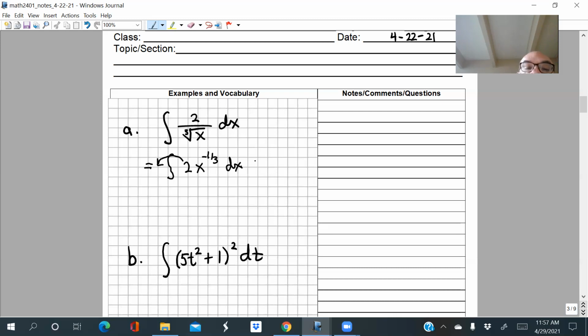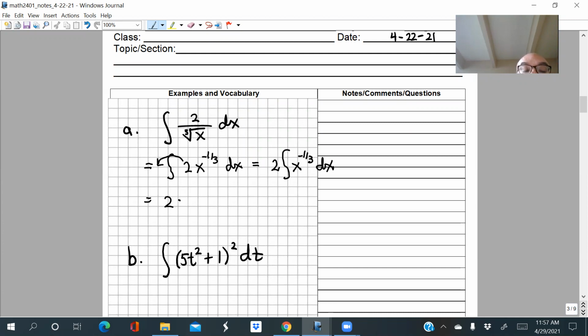Okay, so really the 2 here, I can just sort of not completely ignore it, but make it not problematic in integrating here just by factoring it in front of the integral. And now what I'm really integrating is not the 2, because the 2 is outside here, right? Now what I'm integrating is just a power of x. And we integrate powers of x by using the anti-power rule.